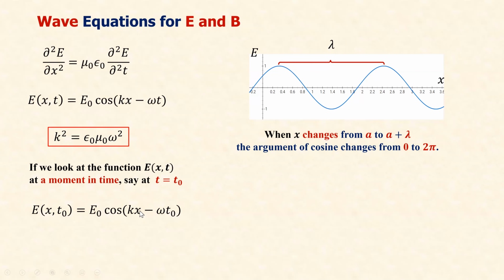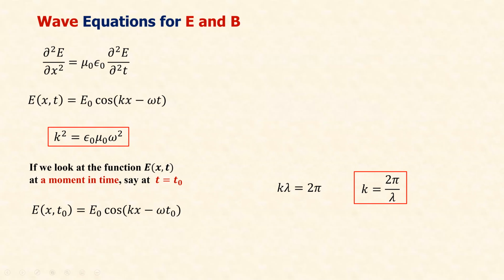If x changes by lambda, the argument of cosine changes by 2 pi, so k lambda is equal to 2 pi. So k is in fact 2 pi over lambda. k is 2 pi divided by the wavelength. We call it the wave number. And so this is what we find out.